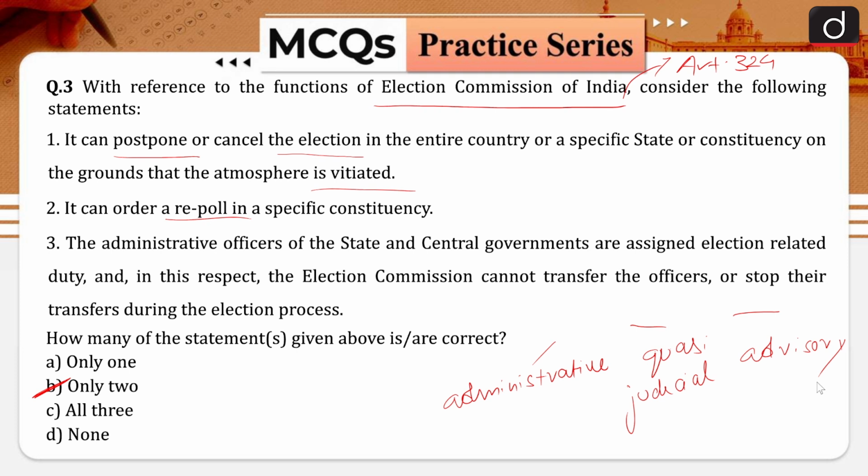During this process, the Election Commission can make decisions to ensure a free and a fair poll, because this is what is mentioned under Article 324, that Election Commission of India is entrusted with the duty of conducting free and fair elections in India. So for this purpose, it can postpone or cancel the election in the entire country or a specific state or constituency on the grounds that the atmosphere is vitiated and therefore a free and fair election may not be possible.